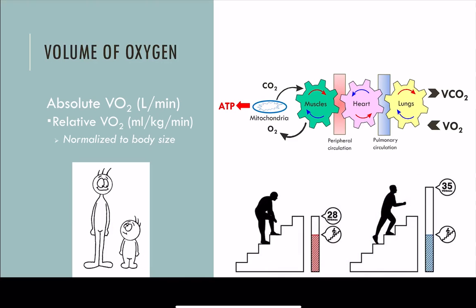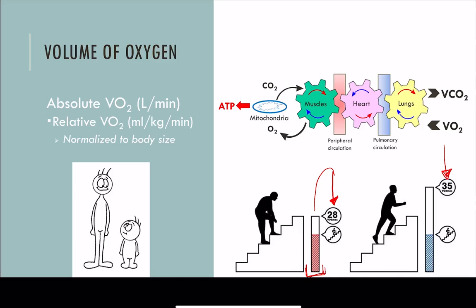If a set of stairs required a certain physical challenge, and you are comparing someone's relative VO2, and the person on the left had a maximal capacity of 28 milliliters per kilogram per minute, and the person on the right had 35. They illustrate this as like a tank, right? On the left, this little tank, how full of it, how much of your total capacity are you utilizing?